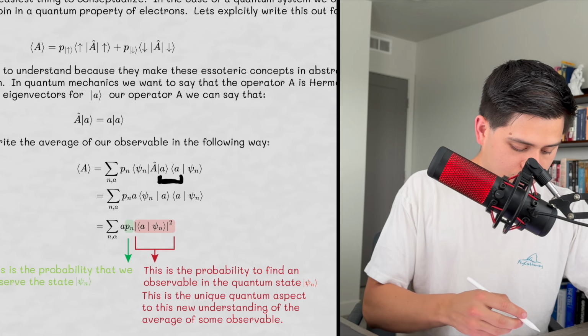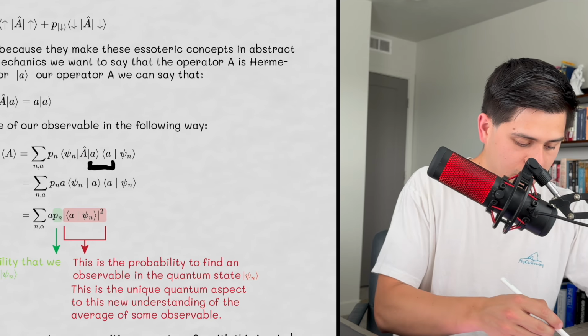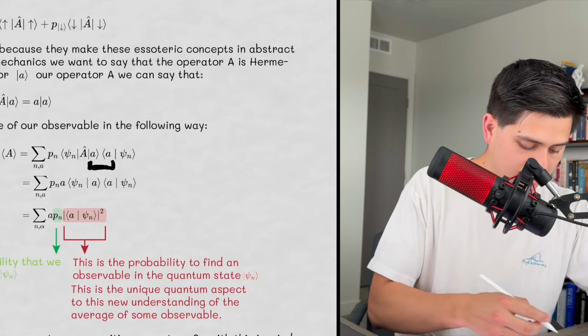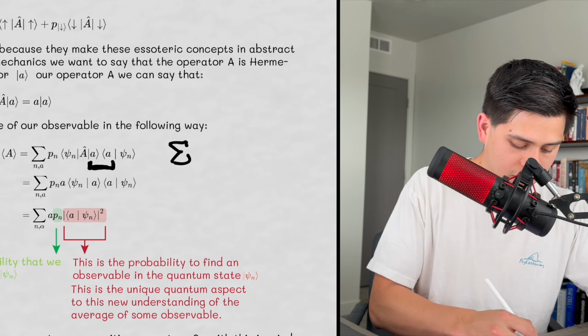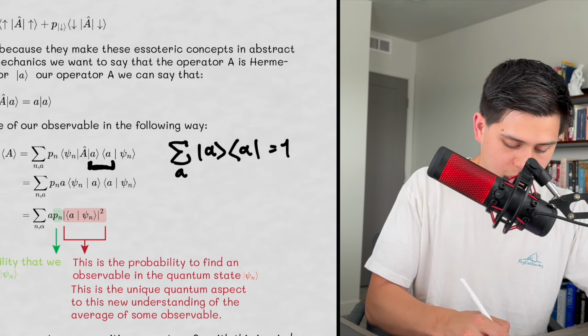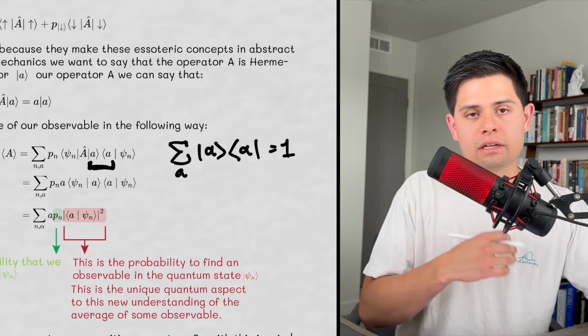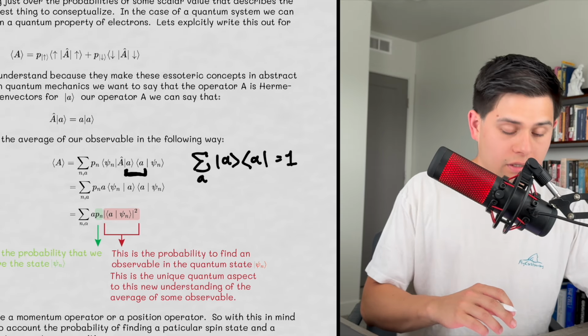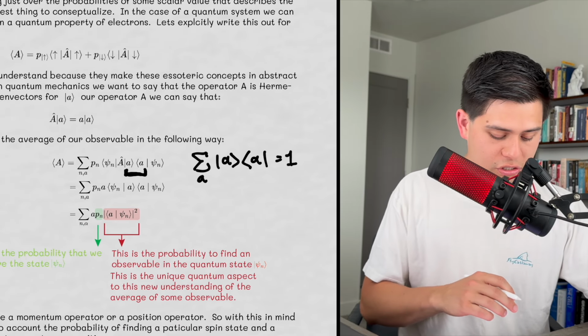When we do this sum here, this is going to be 1. This is something that you probably should have seen in quantum mechanics. This is what's called a completion relationship.